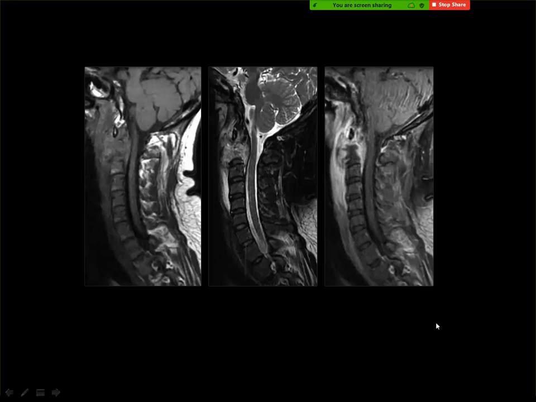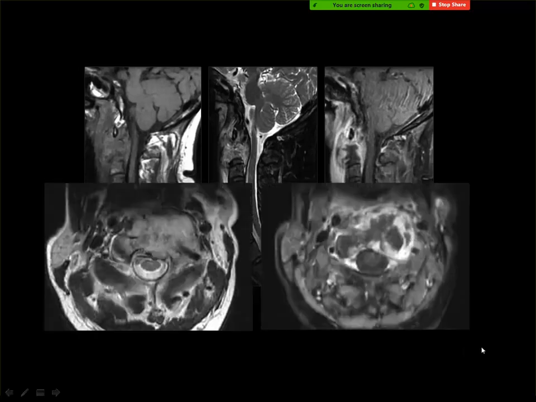Do you see a lesion here? Odontoid lesion again. Okay, what do you think? This is T1, T2, contrast. Metastasis. This is the axial images.